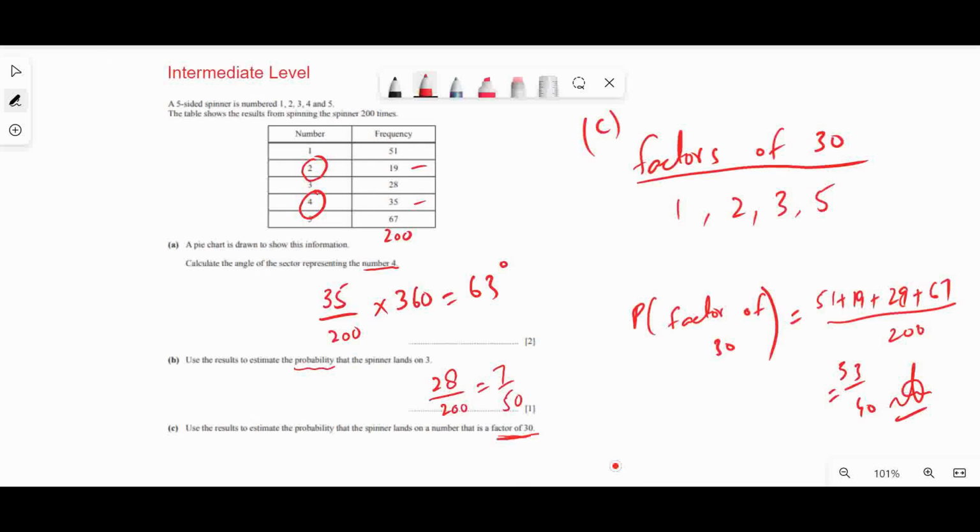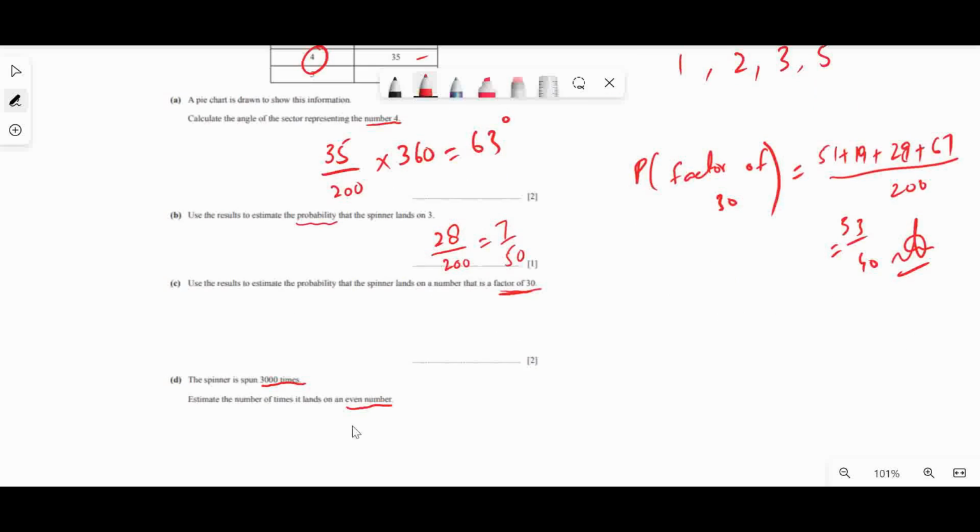So 19 plus 35 whole is divided by 200, because 200 is the total, the sum of all the frequencies, multiplied by 3000, because the spinner is spun 3000 times.